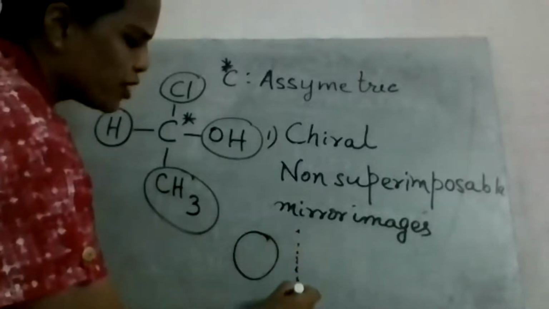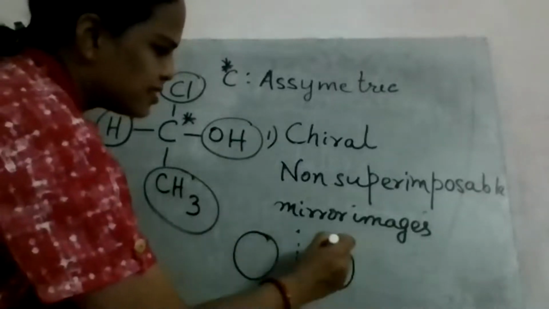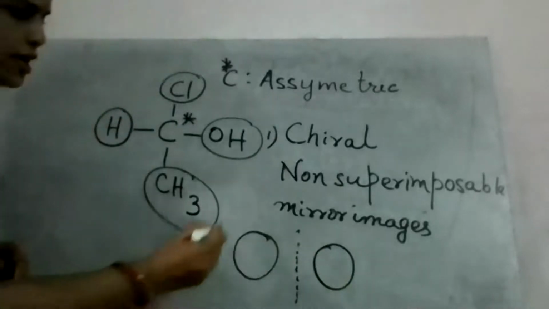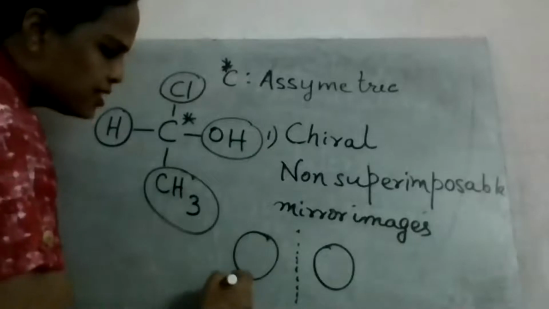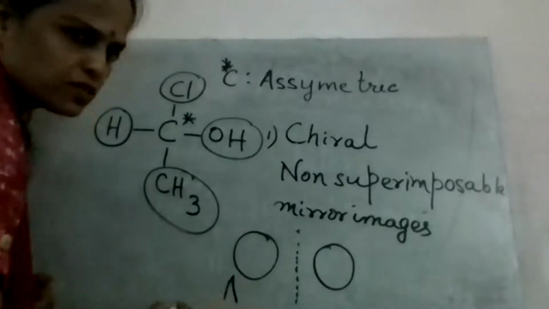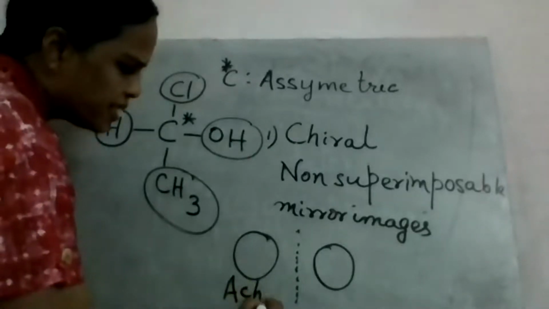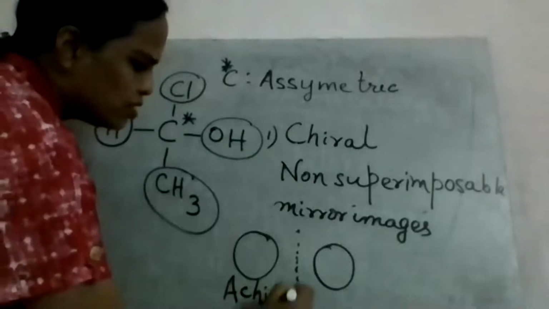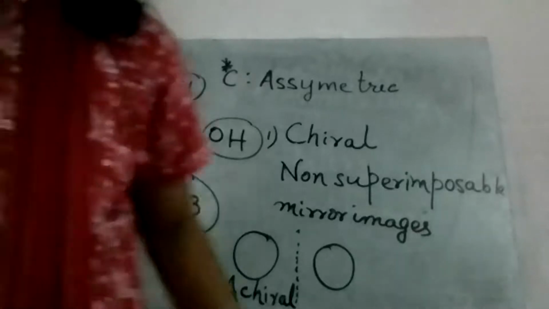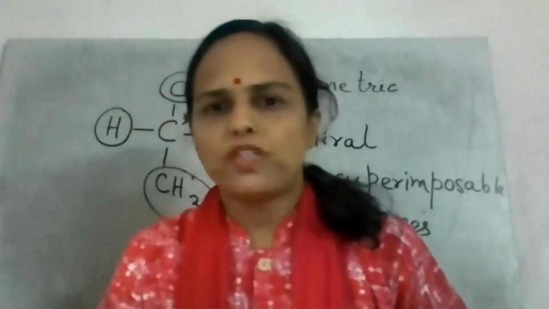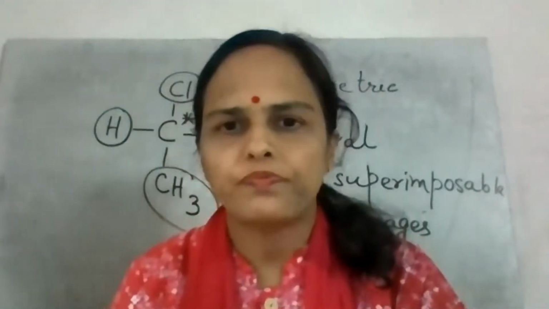It will be superimposed as it is in the mirror. Those that are superimposable on one another are called achiral objects. So I'm writing here achiral, or you can also write non-chiral objects. I hope this part was clear for you.